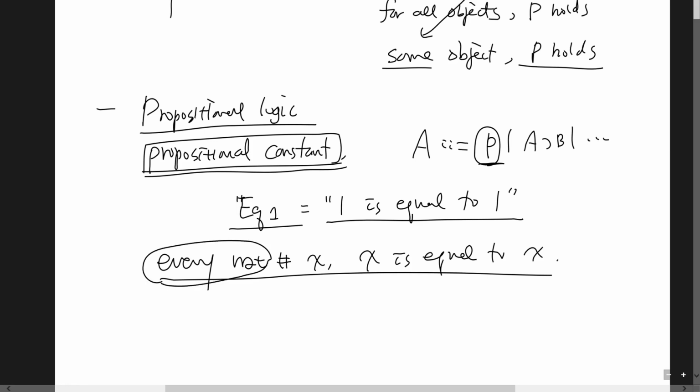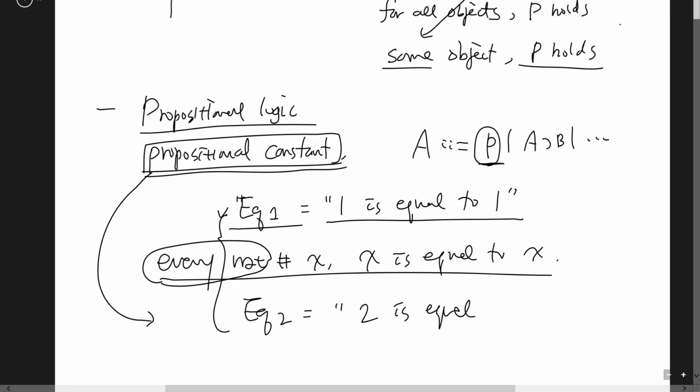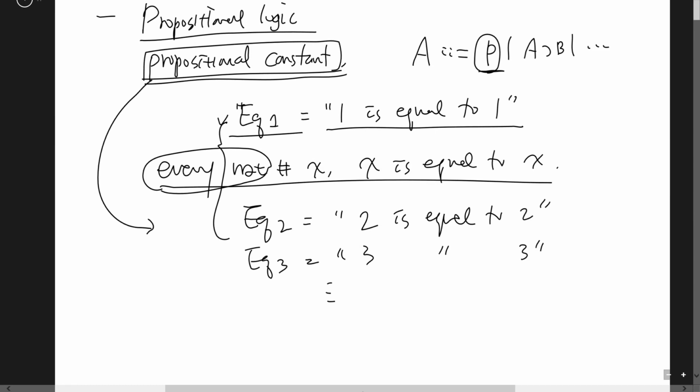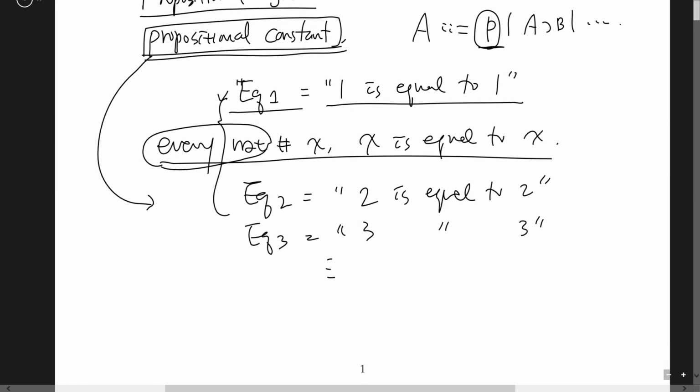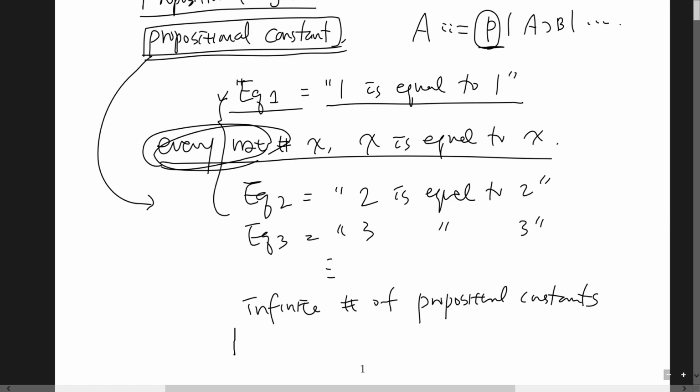So we have to introduce propositional constants, for example EQ1 to state 1 is equal to 1, EQ2 to state 2 is equal to 2, and similarly EQ3 for 3 is equal to 3. So we have to introduce an infinite number of propositional constants in order to state a simple fact about natural numbers. So this is quite impractical.